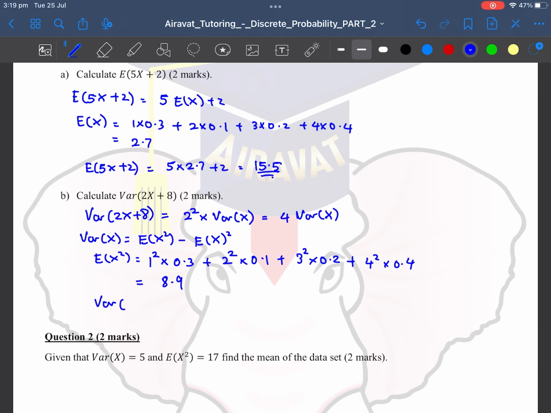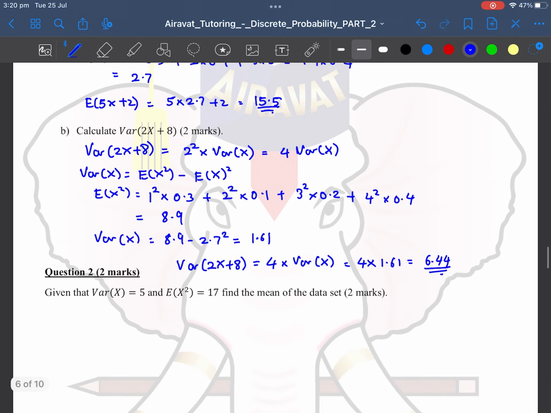Now variance is equal to 8.9 minus 2.7 squared, which is going to be 1.61. So variance of 2X plus 8 is equal to 4 times 1.61, which is going to be equal to 6.44, and that's your variance of 2X plus 8.